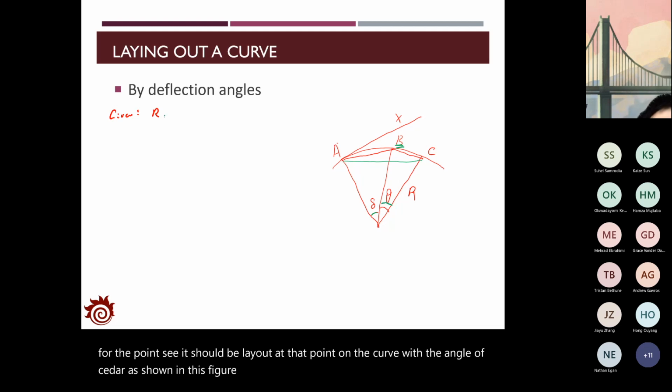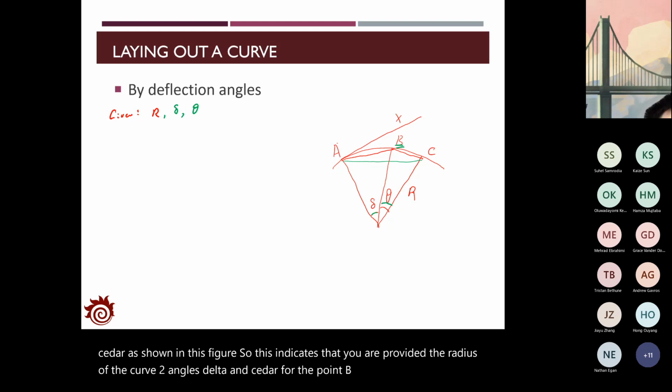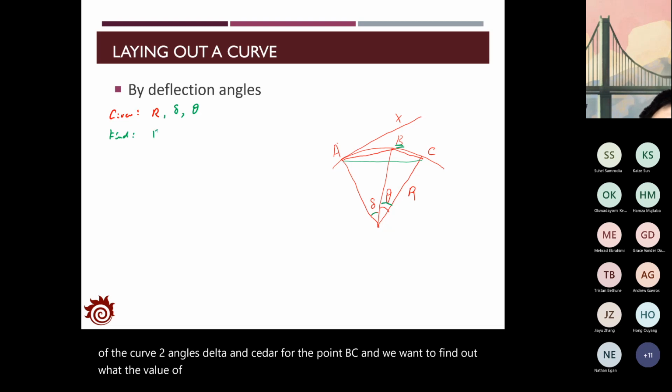So you are provided the radius of the curve and the two angles, delta and theta, for points B and C, and we want to find out where point B and point C are.